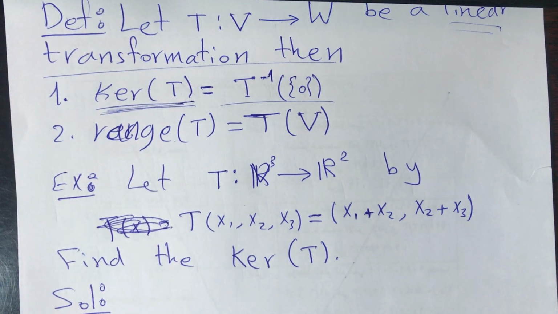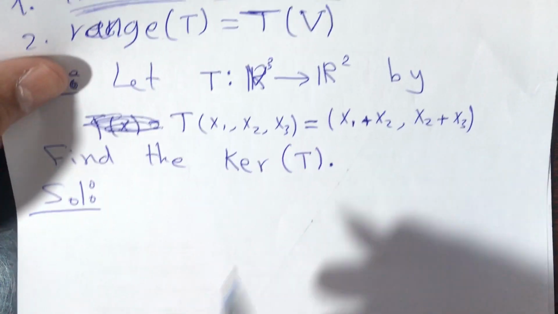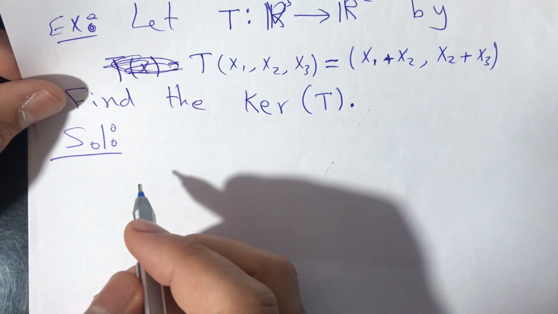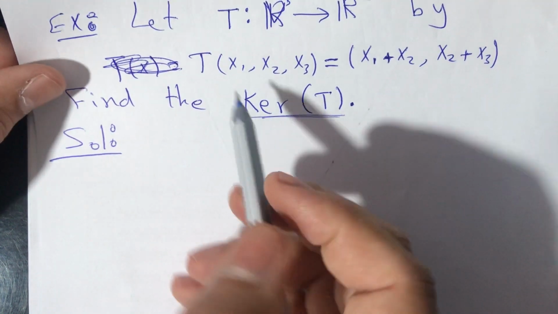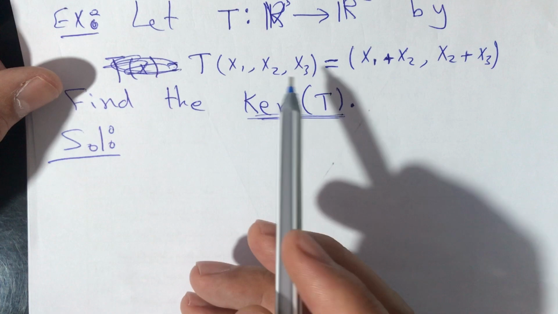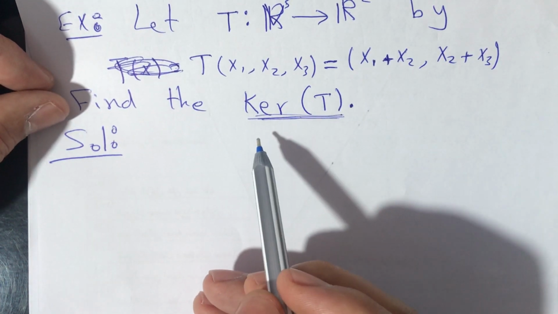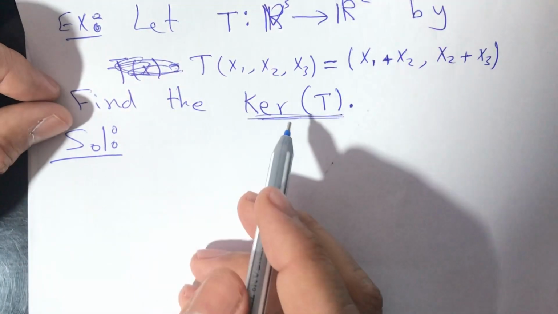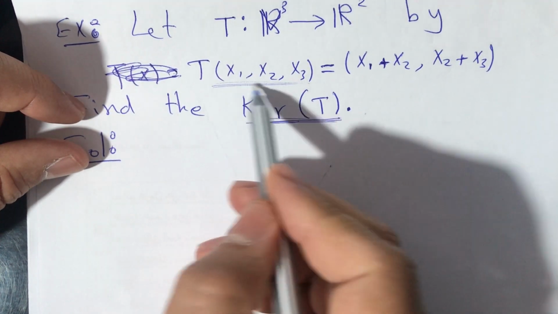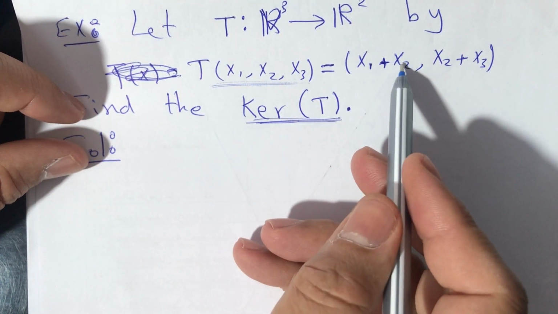How can we find the kernel of T? Kernel of T is T inverse of 0. Which elements have image equal to 0?